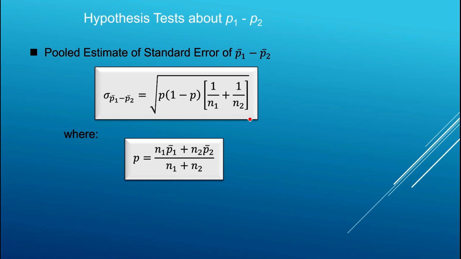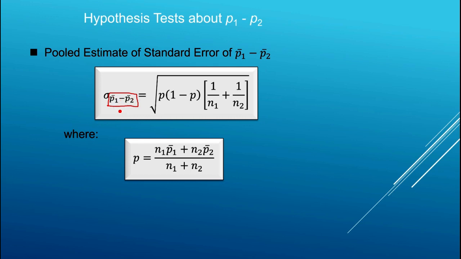So, of course, what we're concerned with here is the point estimate from the sample data, the point estimate of the difference in the two population proportions. And our best guess of that difference in the population is, of course, the sample difference. So the bars signify that these are sample proportions.